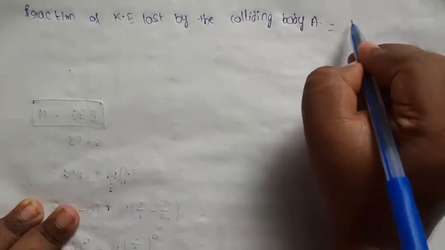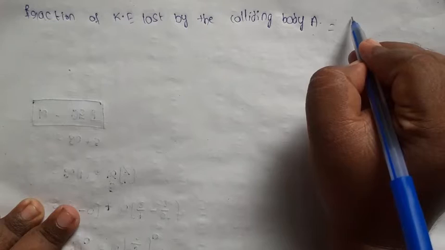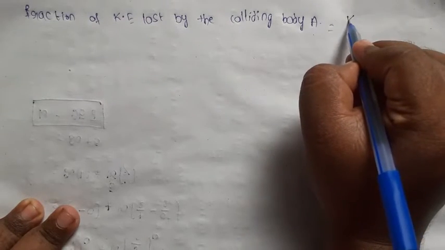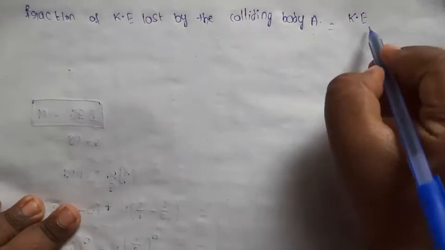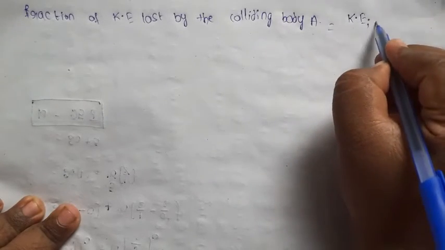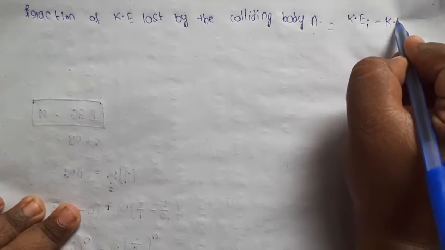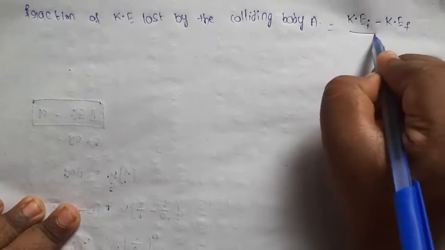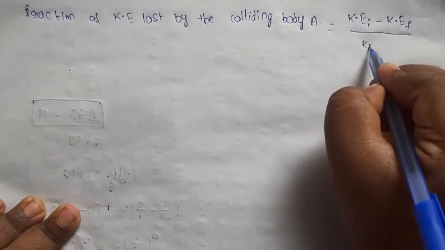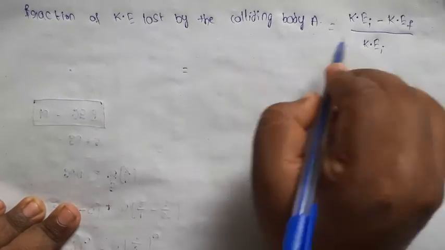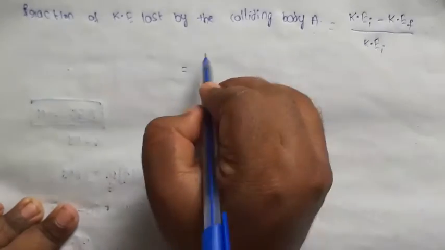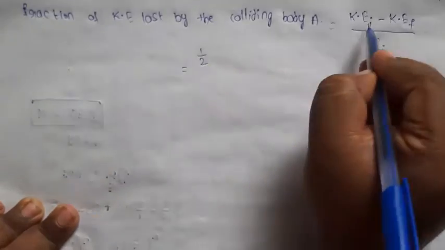So the formula for the fraction of kinetic energy lost by body A is (KEi minus KEf) divided by KEi.